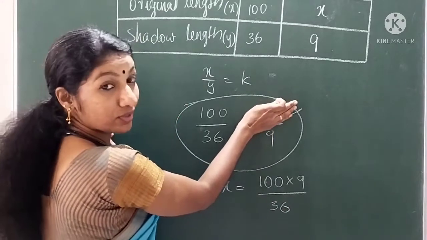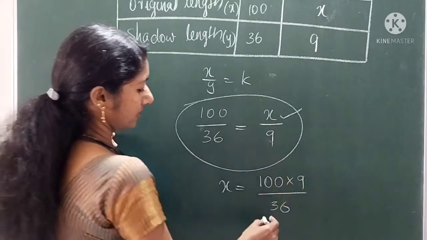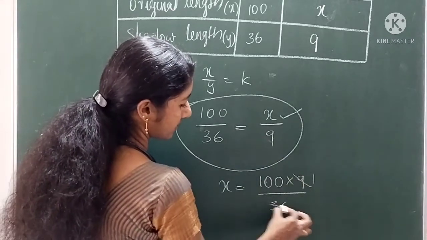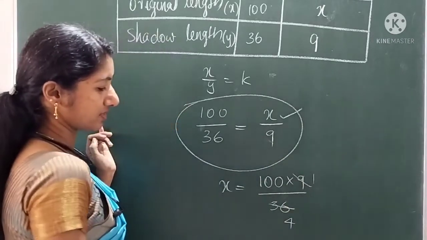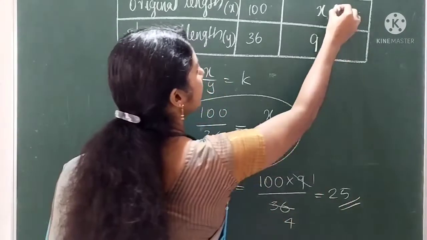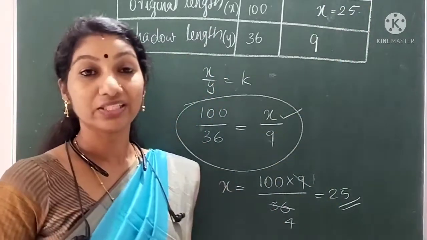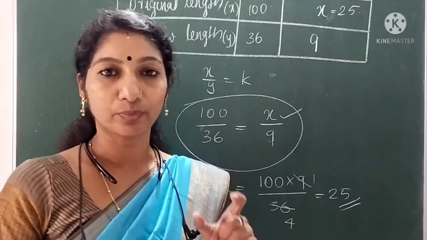Then you can cancel the common factor: 1 nine is 9, 4 nines are 36. Then 100 by 4 you will get as 25. So our answer is 25 meter, the length of the electric pole.